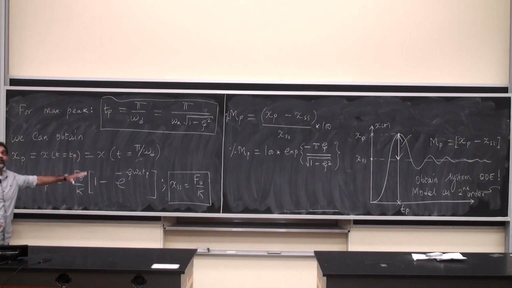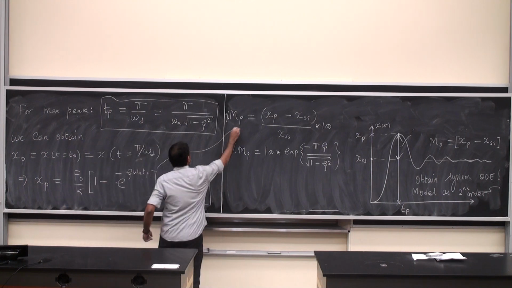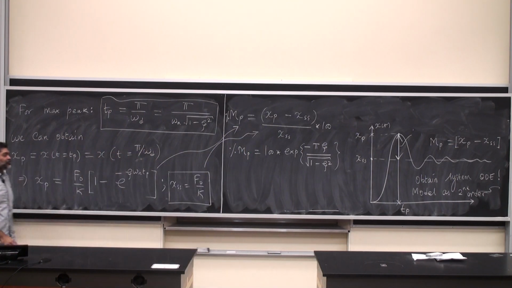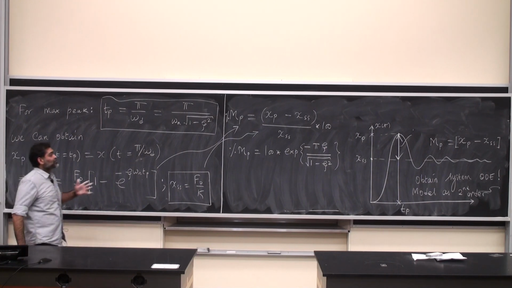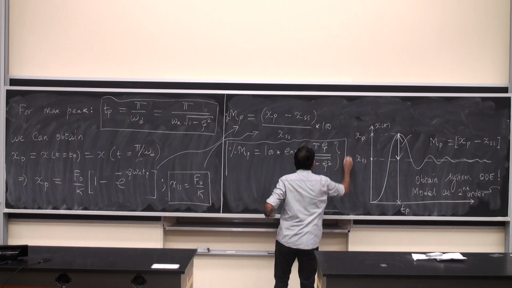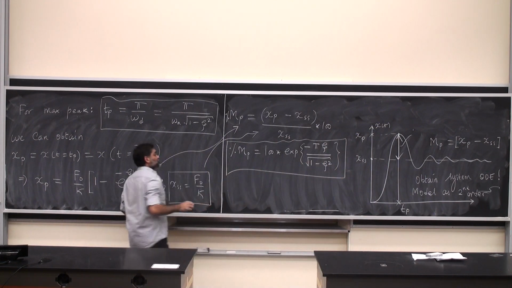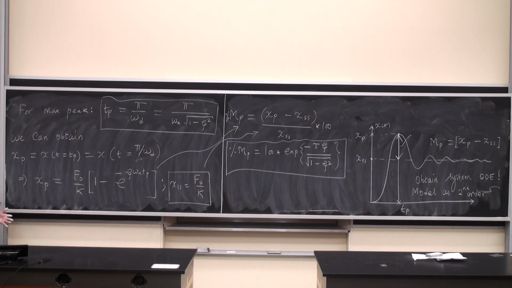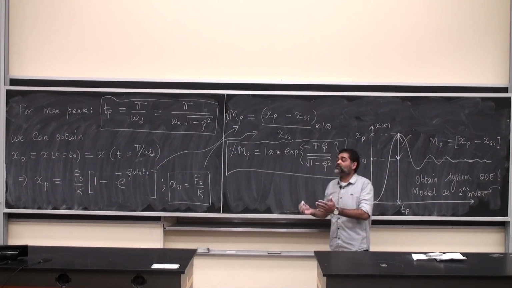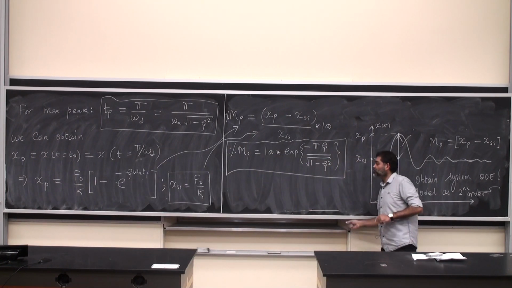By substituting for x peak and x steady state into your equation here. So substitute here. The factor of f naught by k cancels off because it's a common factor for all of these things. And so this is what I end up getting. The third fundamental result is pretty useful in this problem because I'm given the percentage overshoot. It's 35. If I know the percentage overshoot, the only unknown in this equation is zeta, which we are going to exercise now.